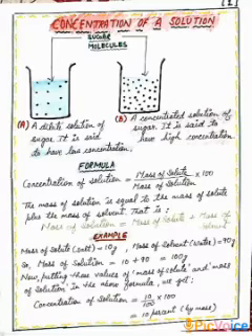If the solution is of a solid solute dissolved in a liquid, then we consider the mass percentage of solute in calculating the concentration of the solution. So, in the case of a solid solute dissolved in a liquid solvent, the concentration of a solution is defined as the mass of solute in grams present in 100 grams of the solution.